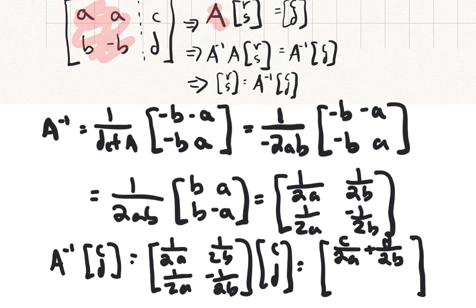And the second entry is c over 2a minus d over 2b.